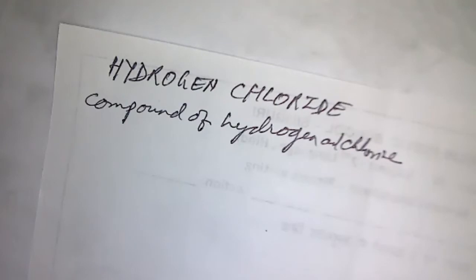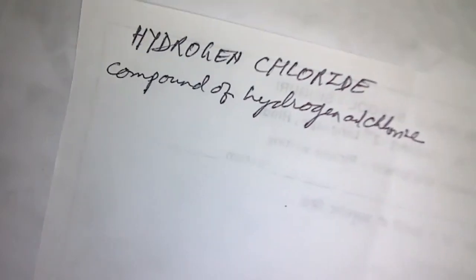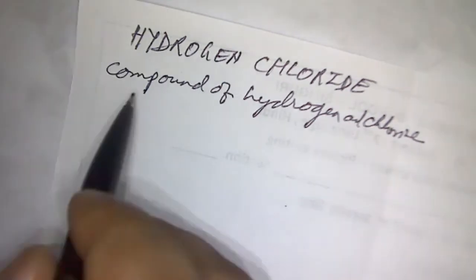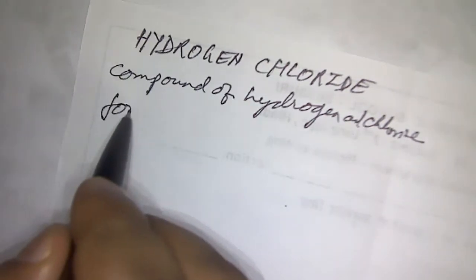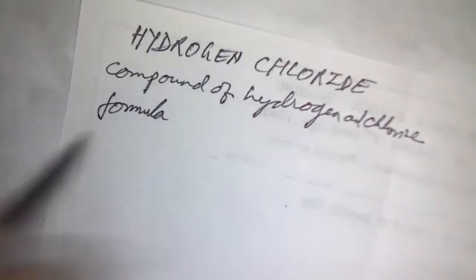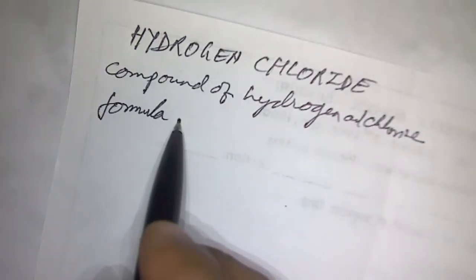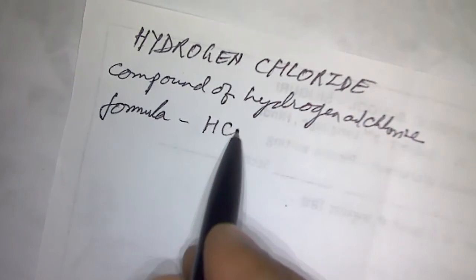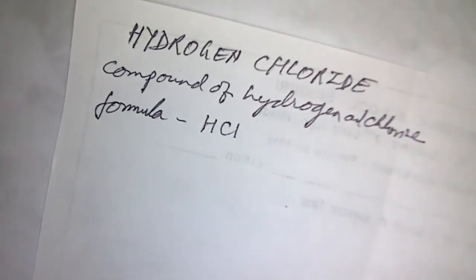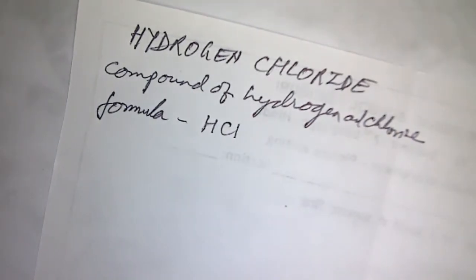Then the next thing which you have is its formula. What is the formula? You know, hydrogen chloride is HCl. And in this hydrogen chloride, hydrogen is a non-metal, chlorine is also a non-metal.